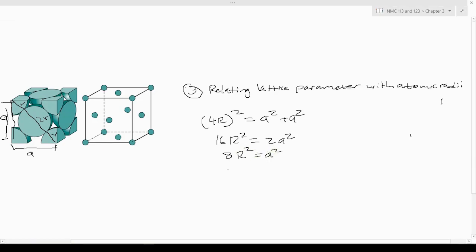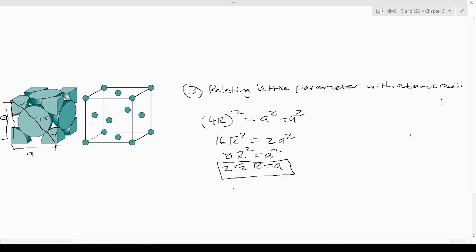If you find the square root on both sides, you'll get 2√2 r equals a. So this is the relationship that the lattice parameter has with your radius.